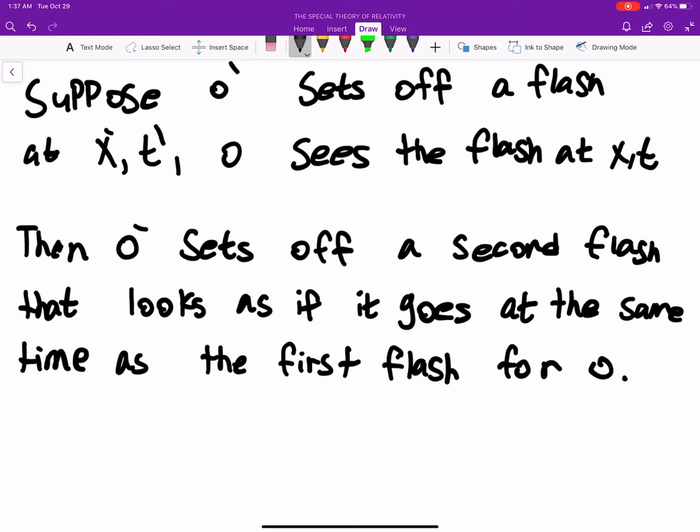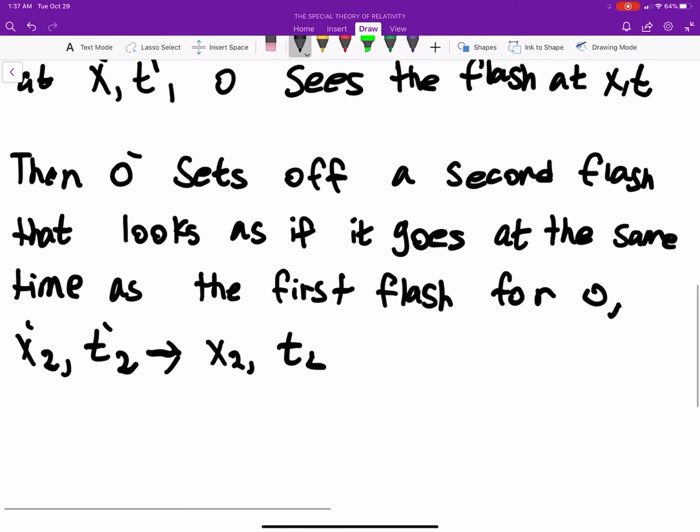And we'll say that's at x prime 2, t prime 2, which just corresponds to x2 comma t2. Okay.